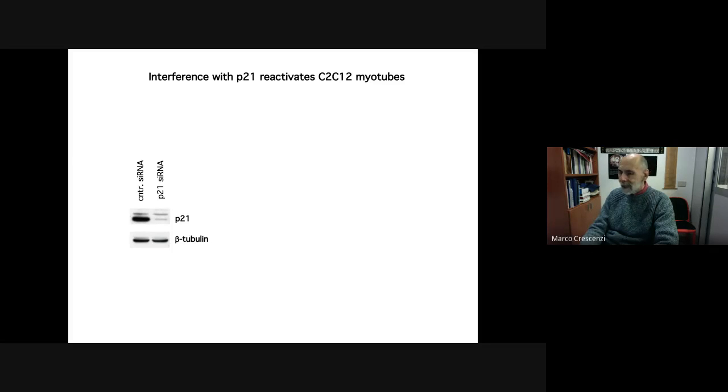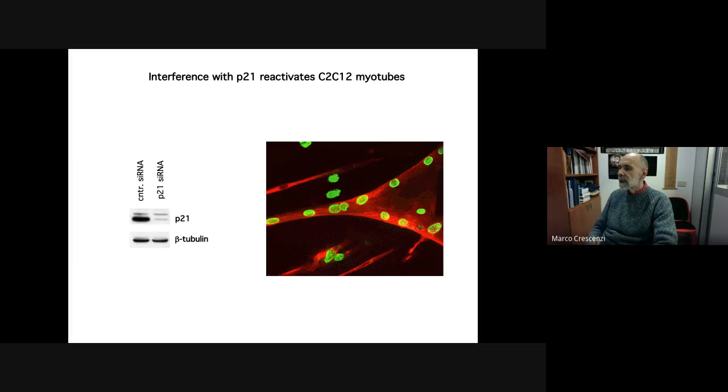Basically, we thought, well, if we remove P21, we are probably going to need lower levels of cyclin D1 and CDK4 to reactivate the cell cycle. But instead, what we found was that as soon as we removed P21, the myotubes spontaneously re-entered the cell cycle.